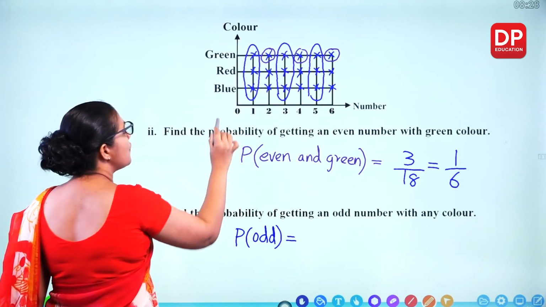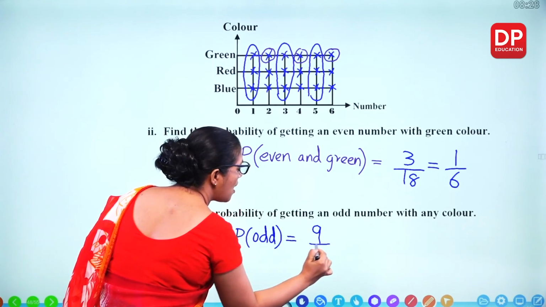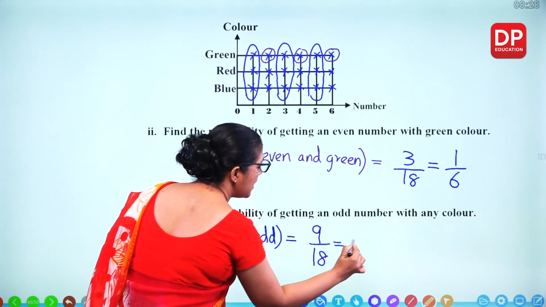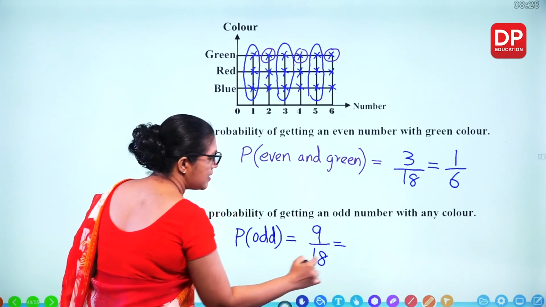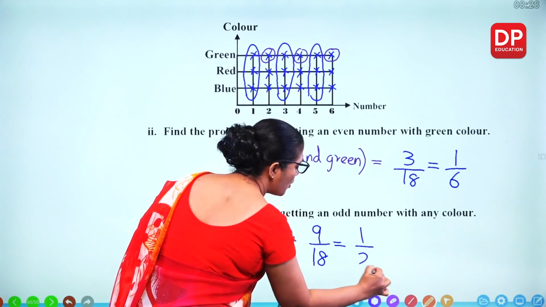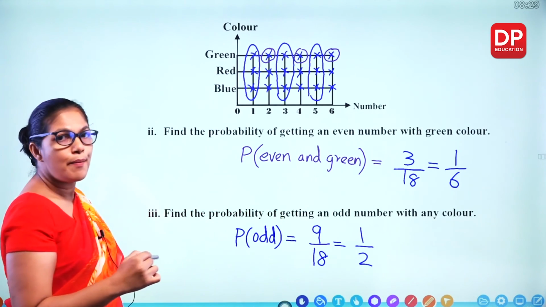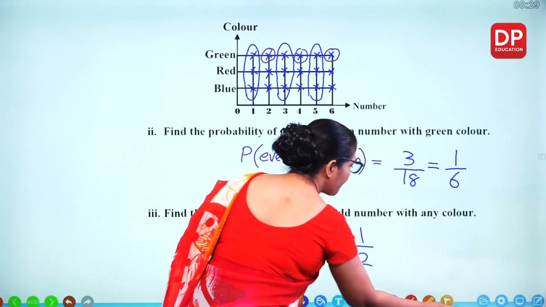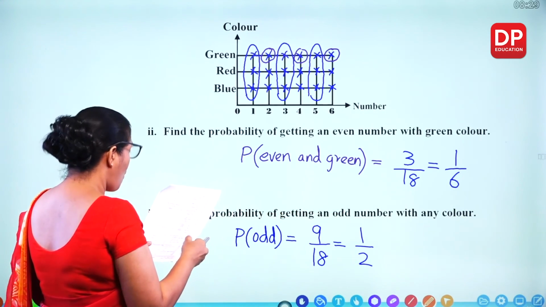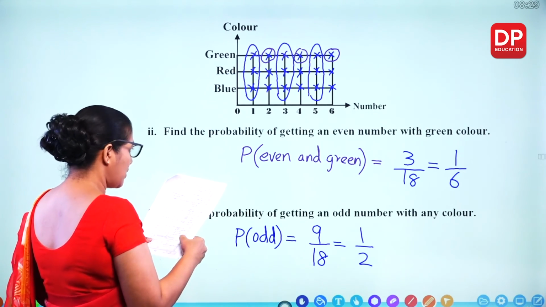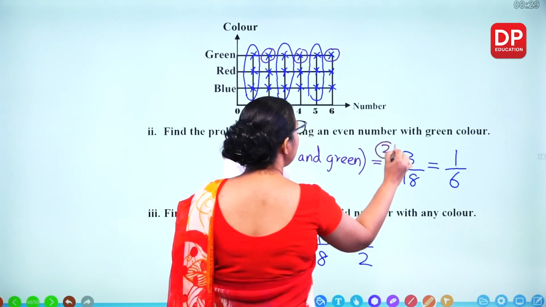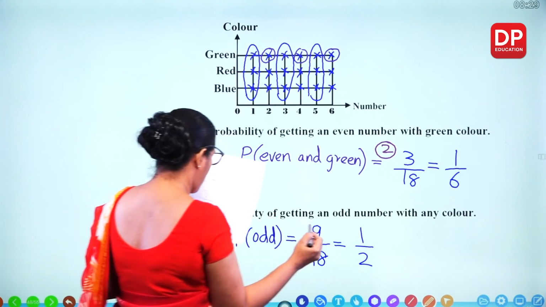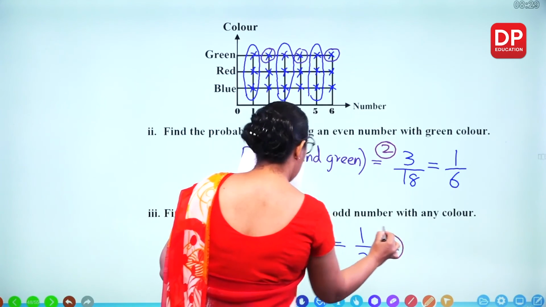So 3, 3, 3. 9 outcomes out of 18. 9 and 18 divided by 9, 1/2. Half is the probability. So how you get marks? 1/6, you get 2 marks here. Half, you get 2 marks.